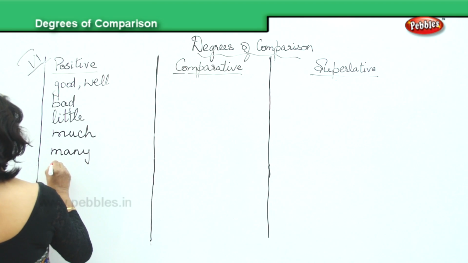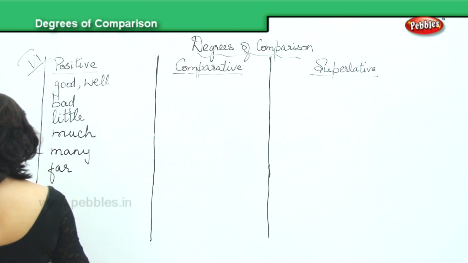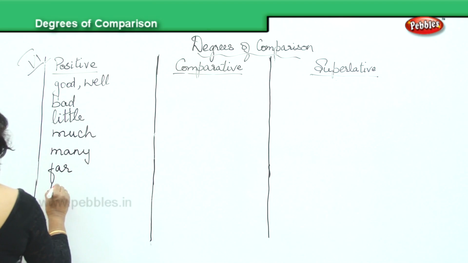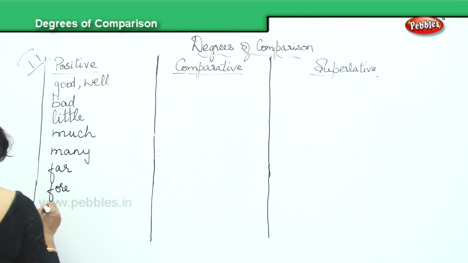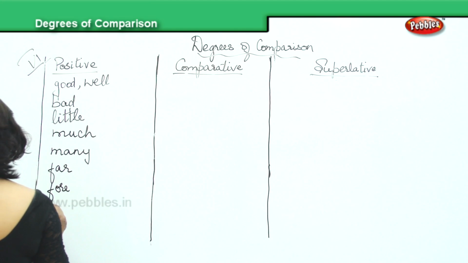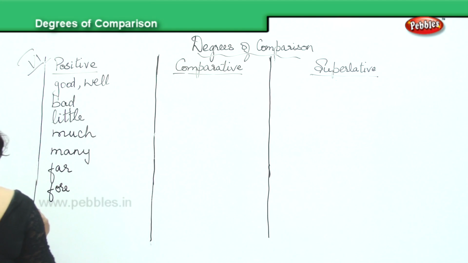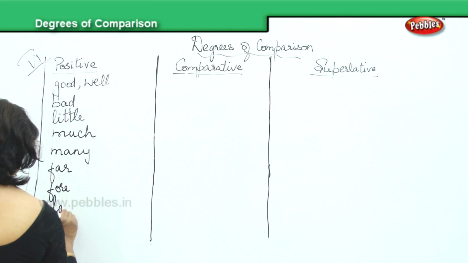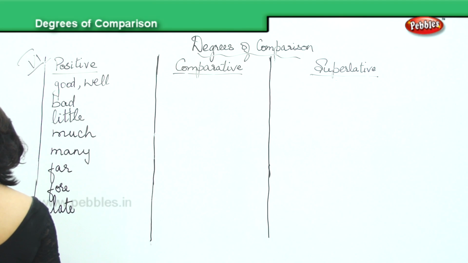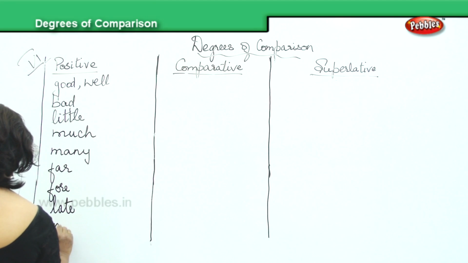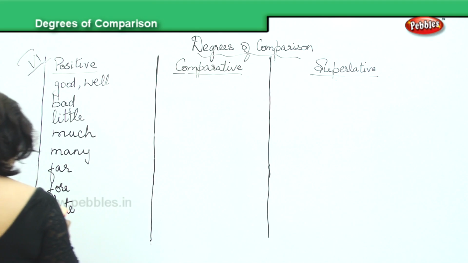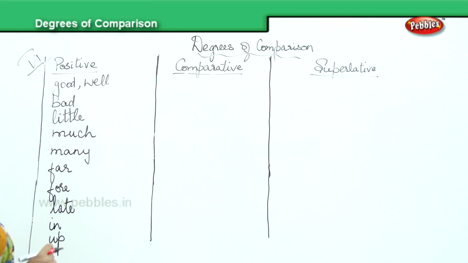Next one, far, for, and late, in and up. Okay, shall we see now the irregular comparisons?